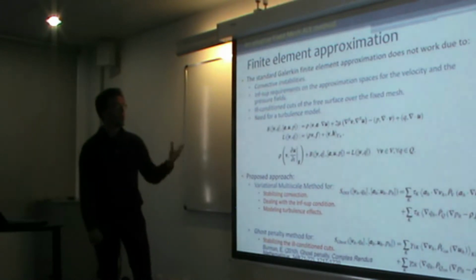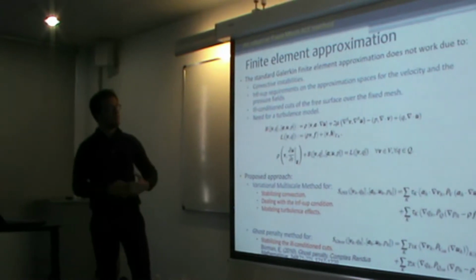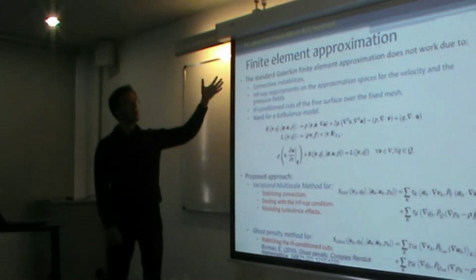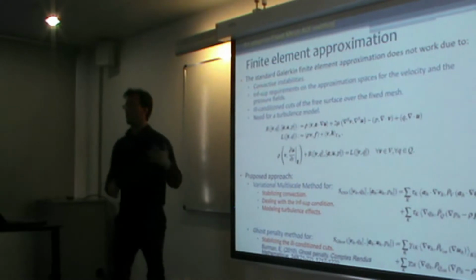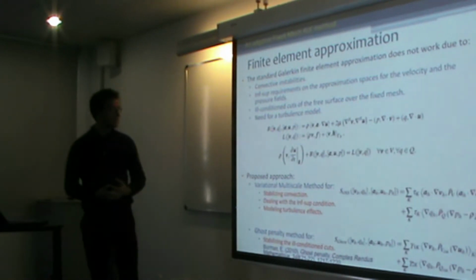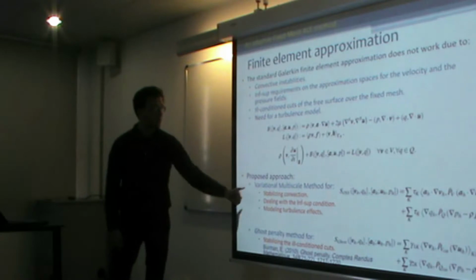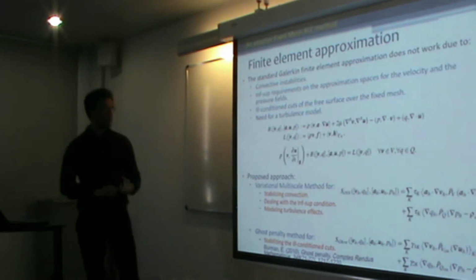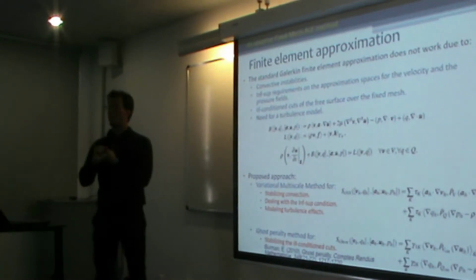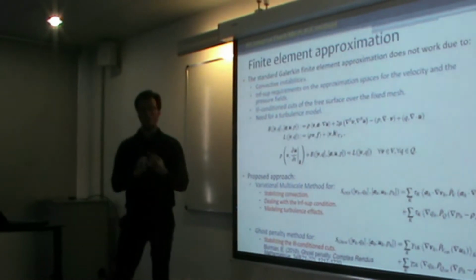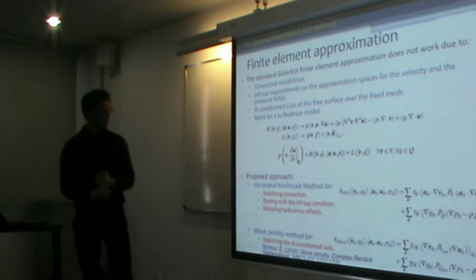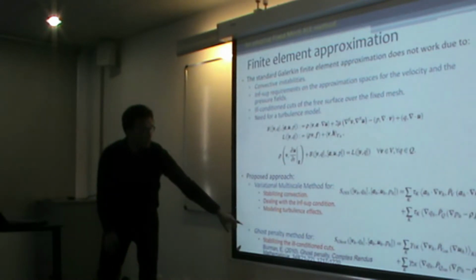Okay? So our approach is to add to our Galerkin finite element approximation two ingredients which allow us to solve these problems. Okay? And these ingredients, in the first place, are the variational multiscale method, which will allow us to stabilize convection in subproblems and also will act as a model for turbulence. And secondly, we are going to use the Gauss penalty method.